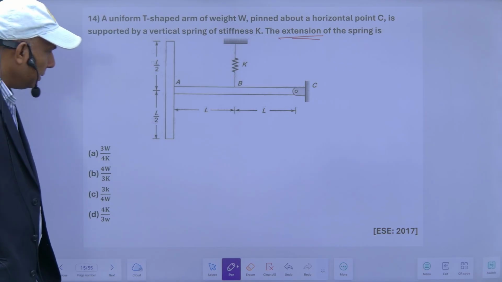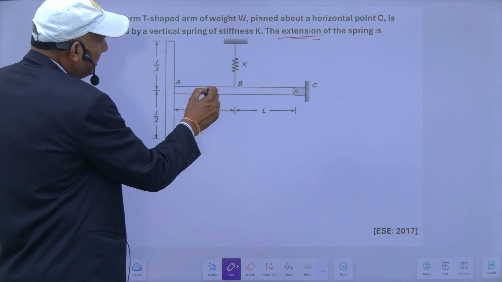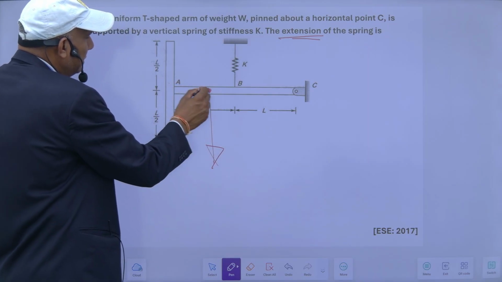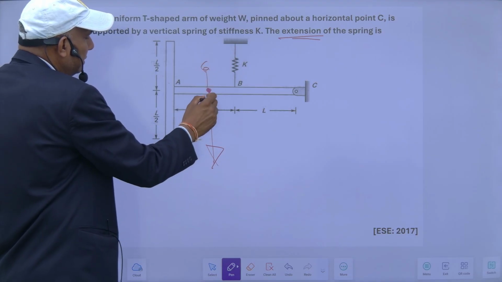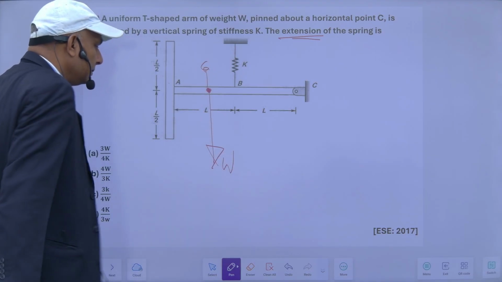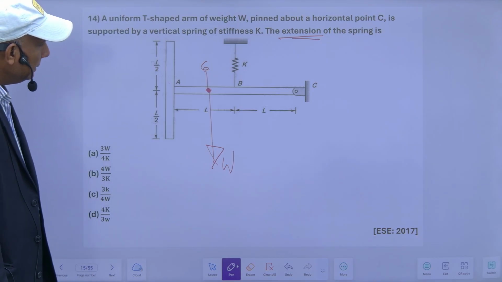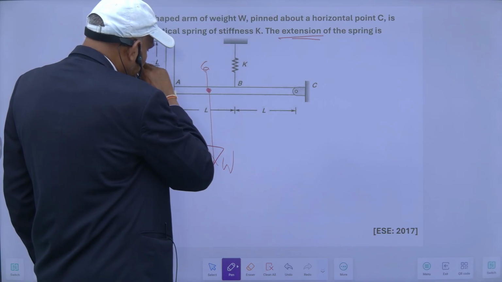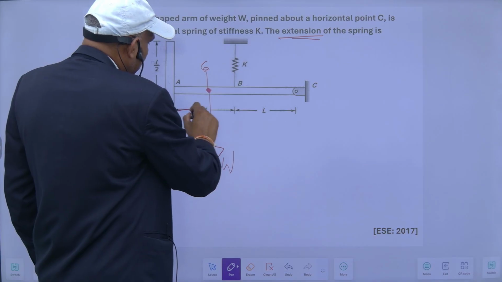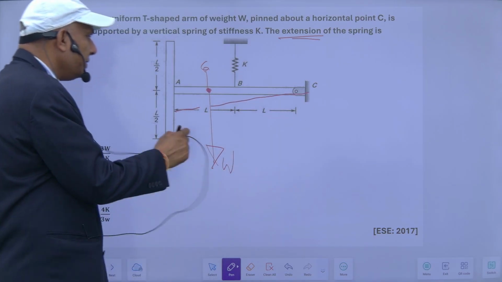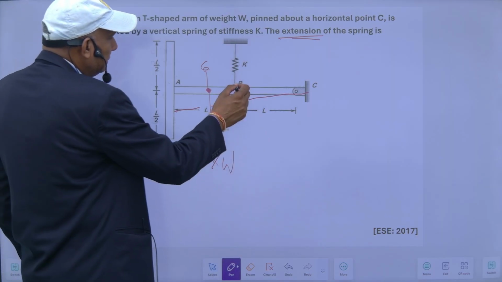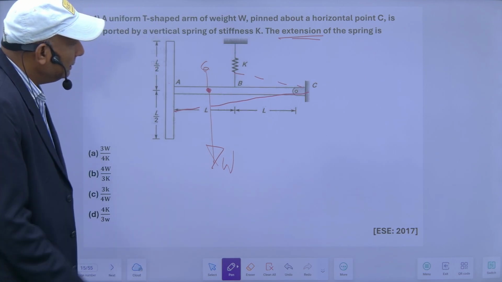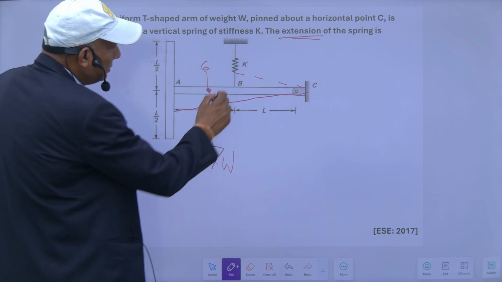Its self weight will act at the centroid of this T. Suppose this is the centroid of the T, so here W will act, and the tendency of this W is to rotate it like this, since it is a rigid body, and this end will try to have an upward deflection.